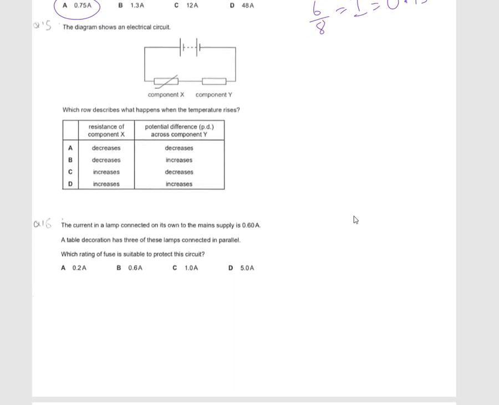Good. Now, which one describes what happened? So here, this is X. X is a thermistor.